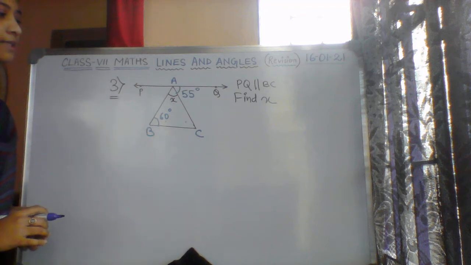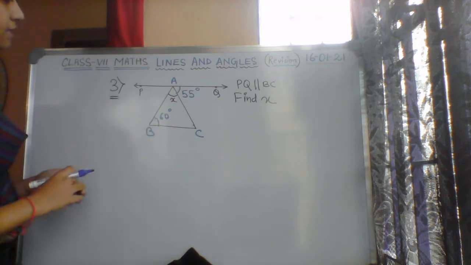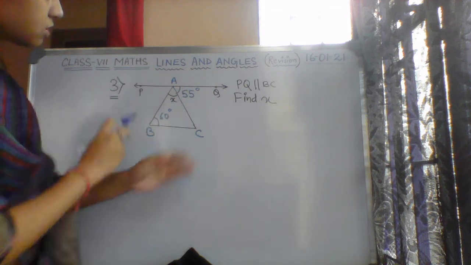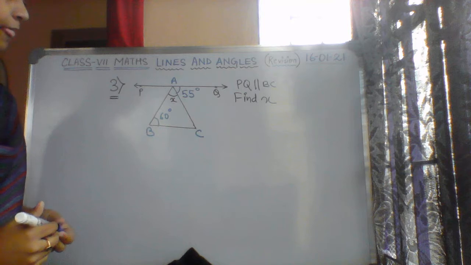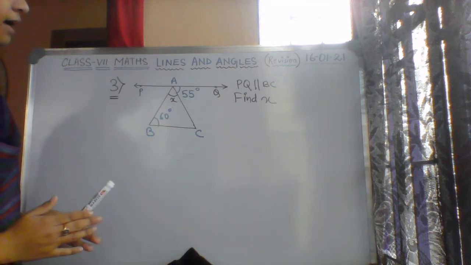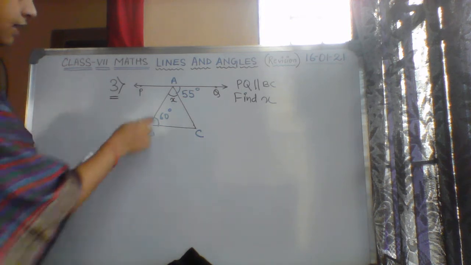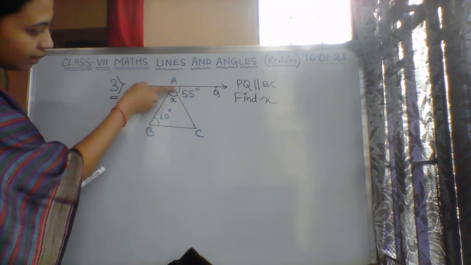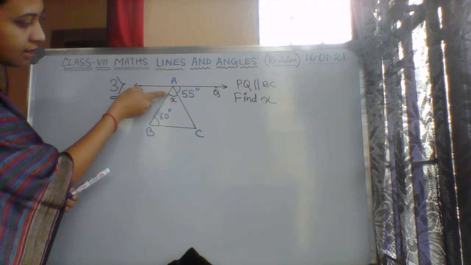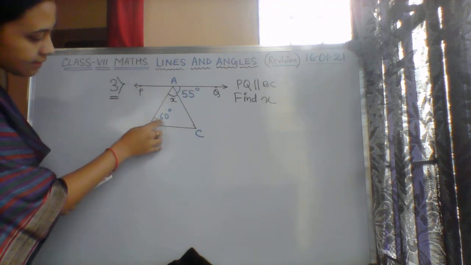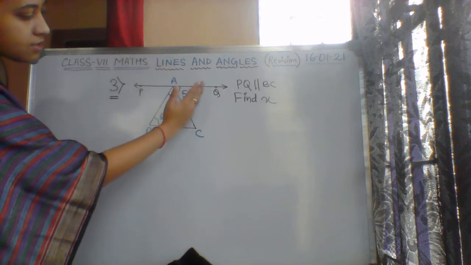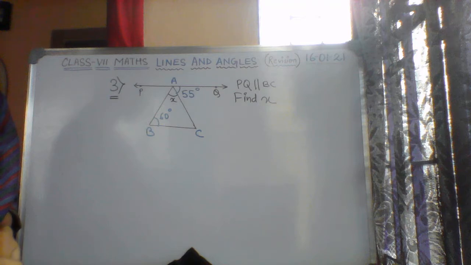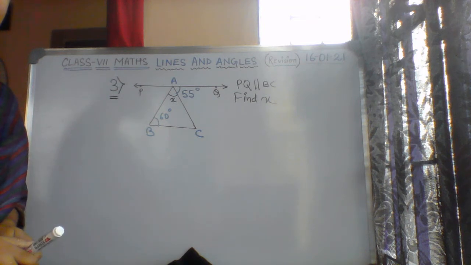Another method is, if you consider AB as a transversal, you can easily see the interior angles on the same side of the transversal. Combine this total angle, 55 plus x, and this angle; they are on the same side of the transversal and in the interior part. If you add them, how much should you get? 180 degree.